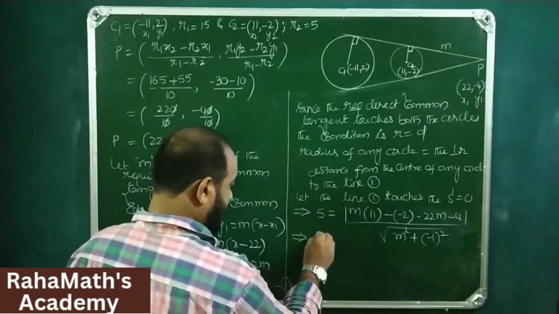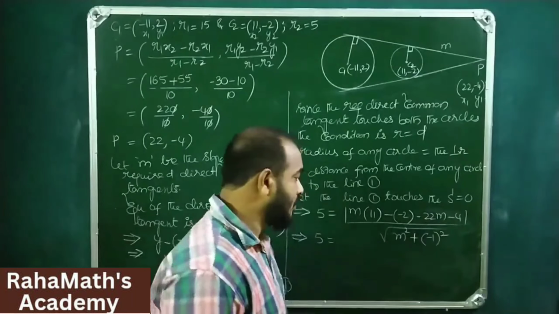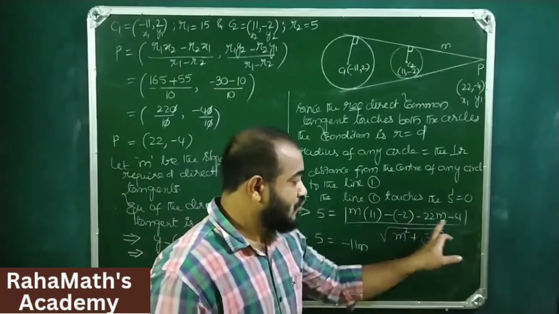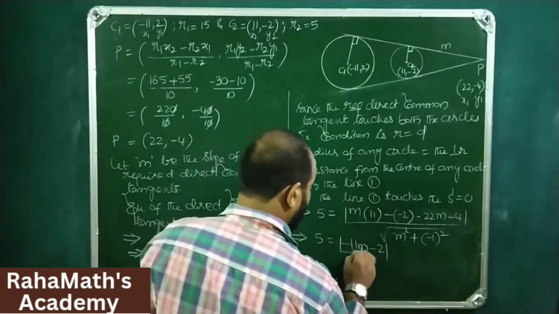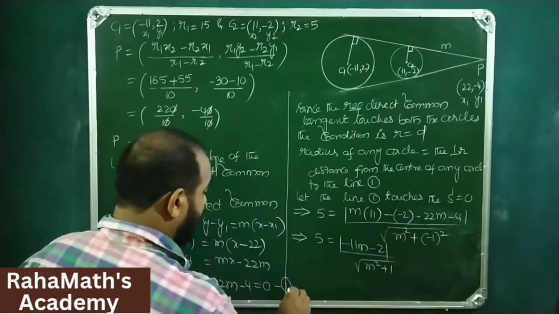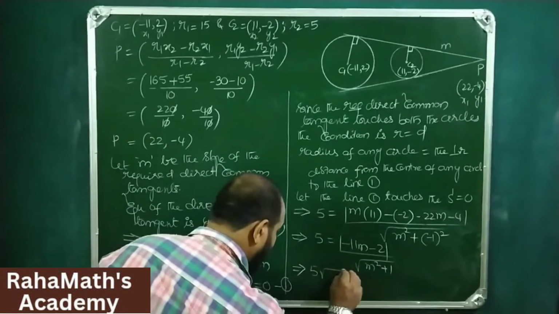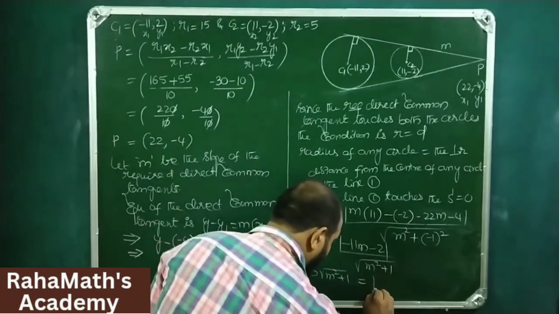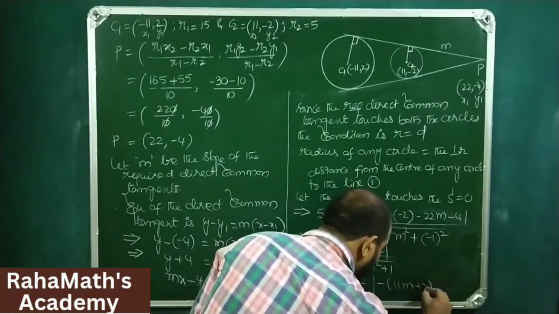So 5 equals 11m minus 22m, so minus 11m, minus of minus plus 2 minus 4, minus 2, by square root of m square plus 1. That implies, cross multiplication, 5 into square root of m square plus 1 equals modulus of minus, if I take 11m in common, 11m plus 2.